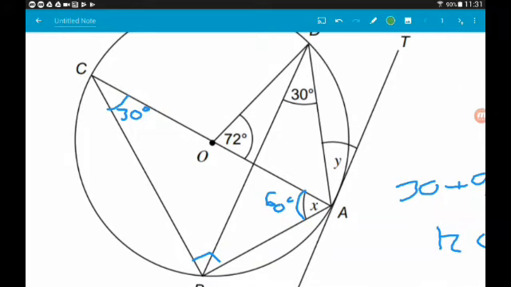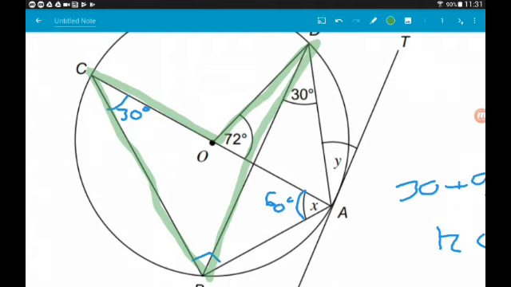So our arrowhead is this guy here. So if we can find the angle at the centre, then we can find the angle at the circumference.